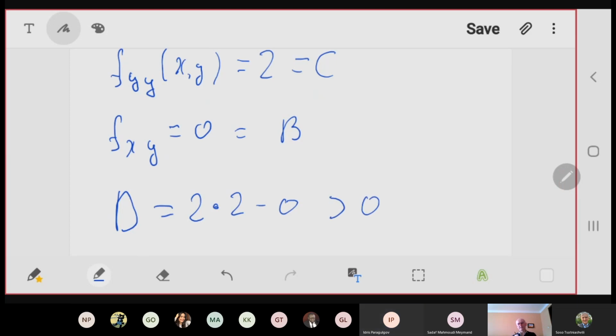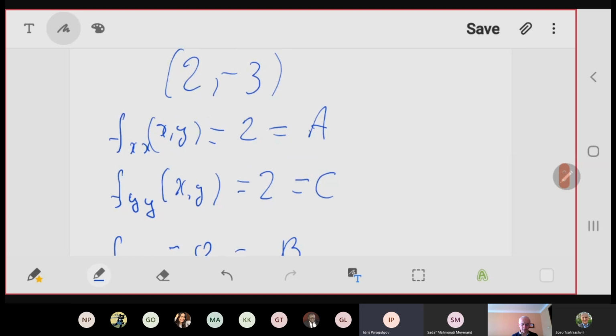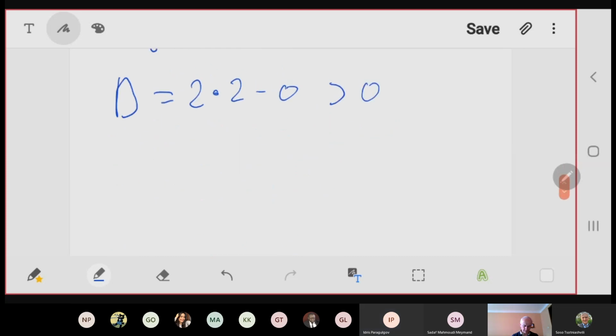So now we know definitely that it has a local maximum or local minimum. We should now use A. A is positive, A equals 2, and hence it has a local minimum.